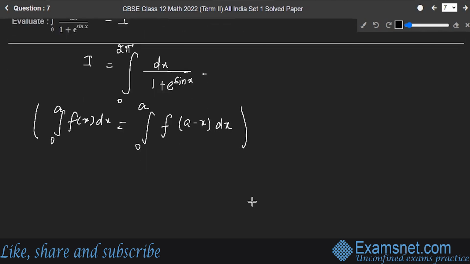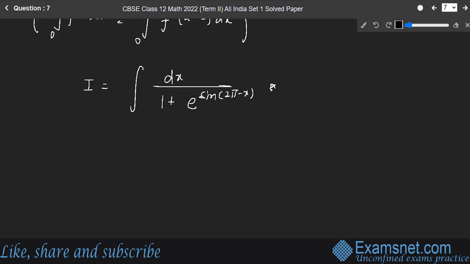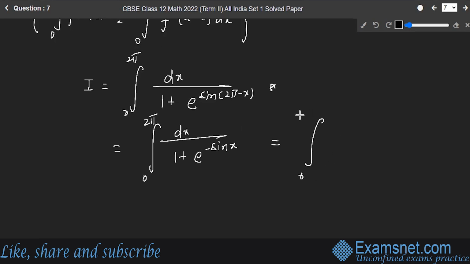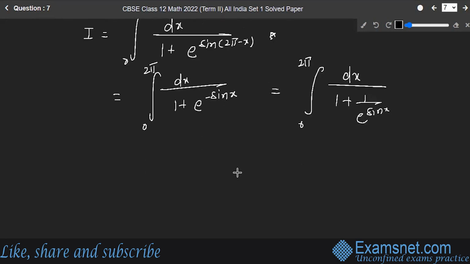So using this formula, now I can be written as the integral of dx upon 1 plus e raised to power sin(2 pi minus x), which is equal to dx upon 1 plus e raised to power minus sin x, limits 0 to 2 pi. That is equal to dx upon 1 plus 1 upon e raised to power sin x.